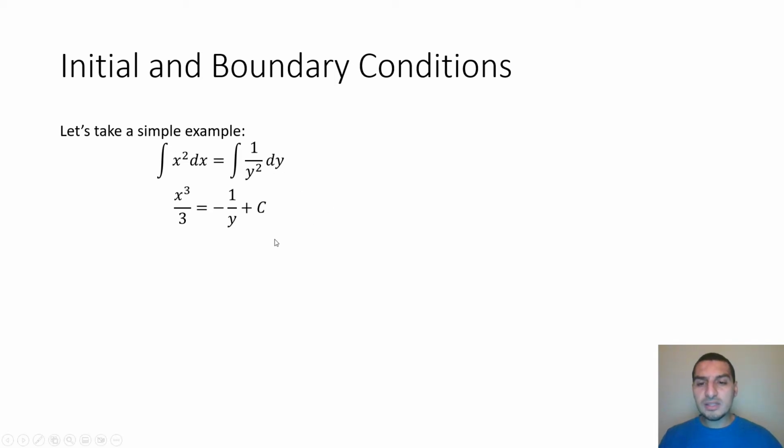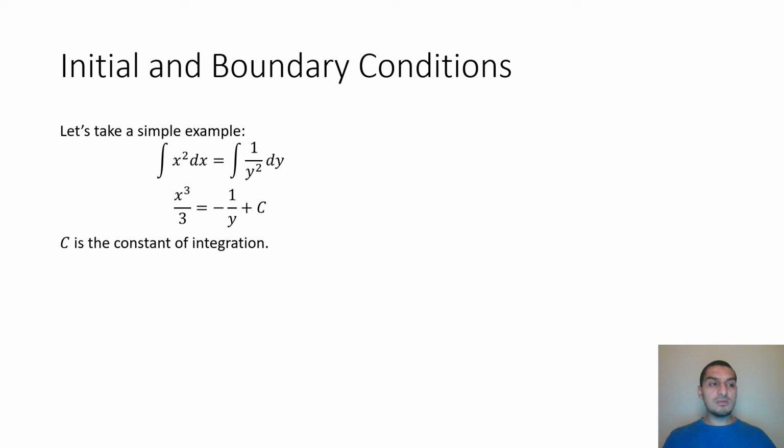But here we will add a constant, and this is what we call the constant of integration. This is because the constant equals 0 after it's differentiated, so when we go the other way, we put this constant. This constant of integration is part of the equation, and we need to know the value of this constant.